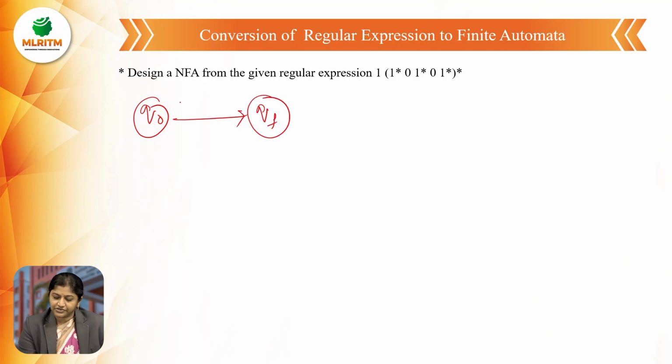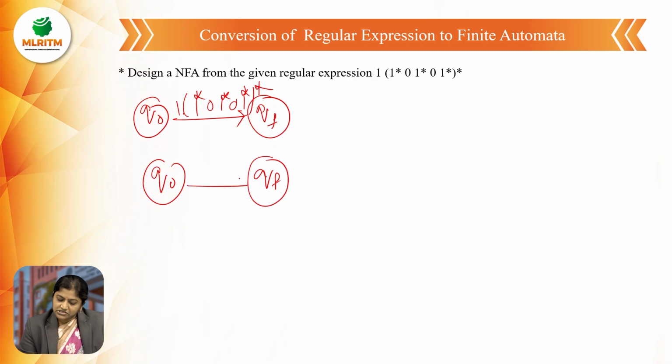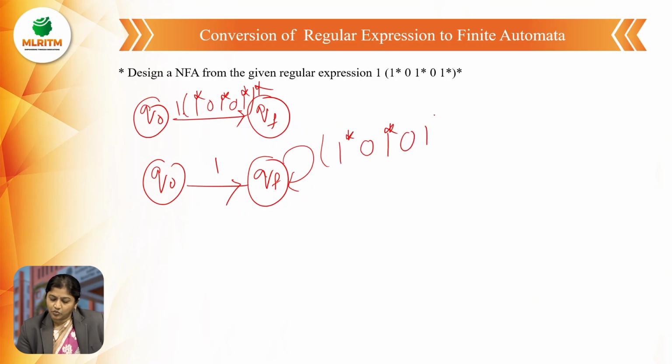How are we going to represent this? 1 1 star 0 1 star 0 1 star whole star. Next, how are we going to split this? 1 is there, and as it is a whole star, Q0, QF, this is 1, and I'll take it like this: 1 star 0 1 star 0 1 star.